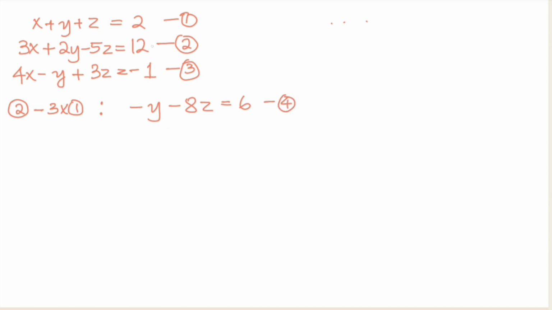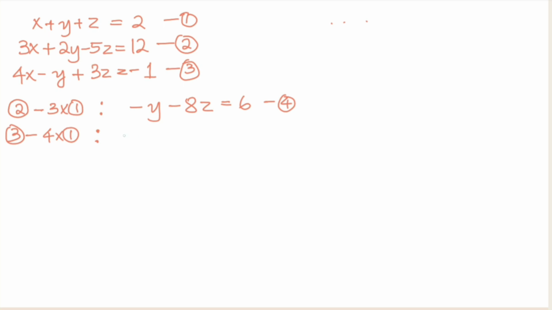Let's also eliminate x from equation 3. So the coefficient of x in equation 3 is 4. So by subtracting 4 times equation 1 from equation 3, we're going to get rid of x. So let's say equation 3 minus 4 times equation 1. What does that give us? That gives us minus y minus 4y.